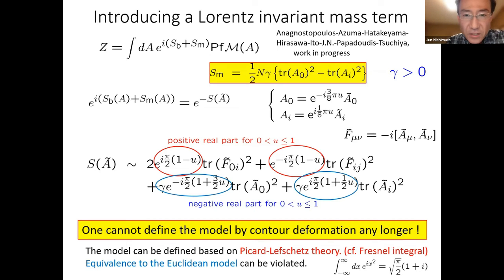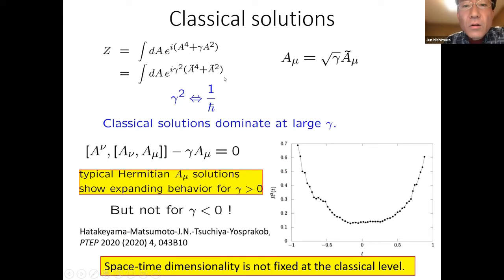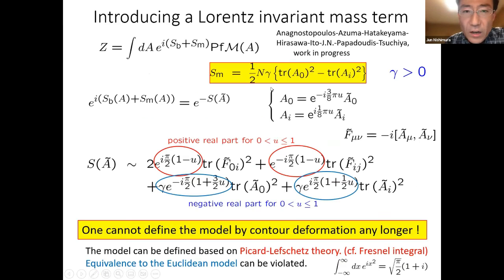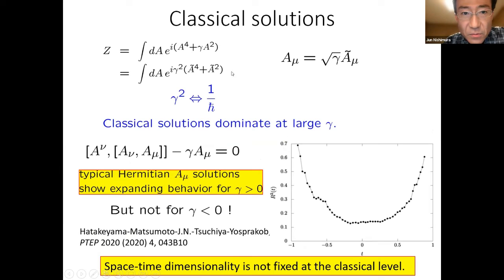Okay, so this is the main idea, and I'm going to tell you the results of this definition of the Lorentzian IKKT model. One of the things that is interesting is that once you add this mass term, the partition function has this schematic form with gamma and the mass term.